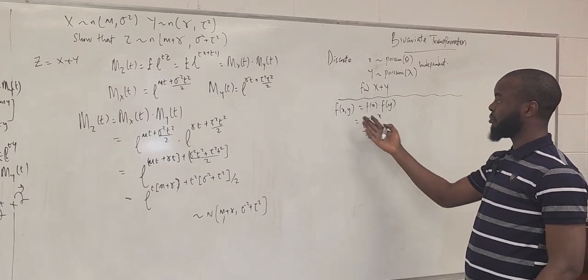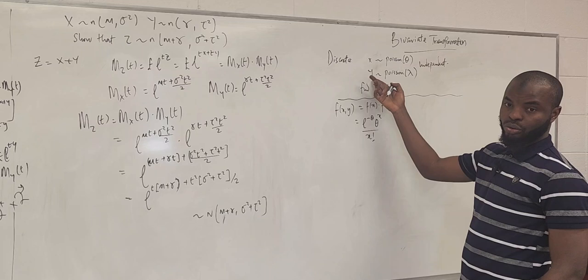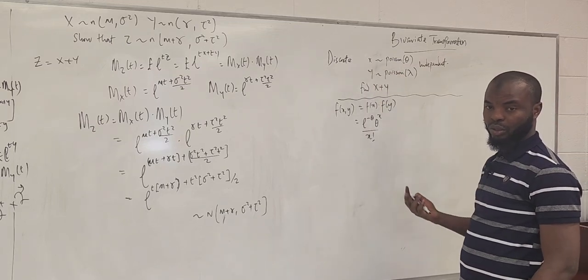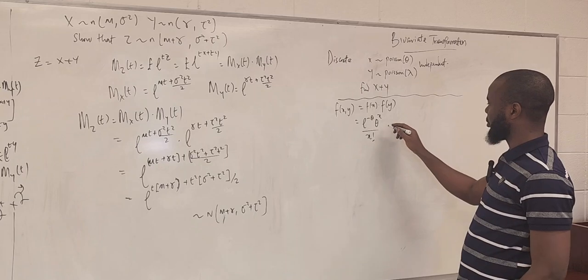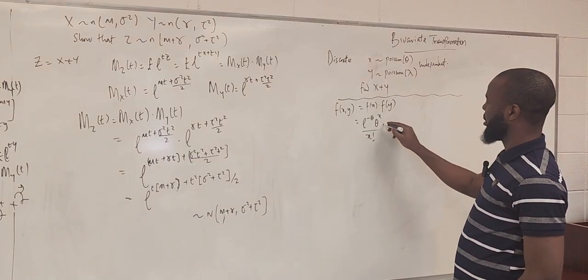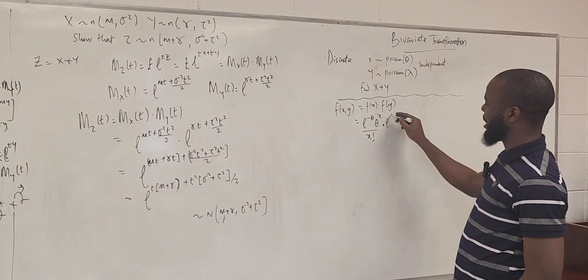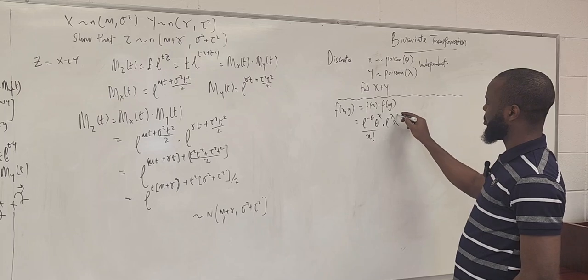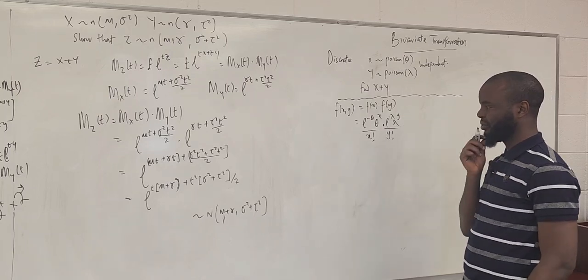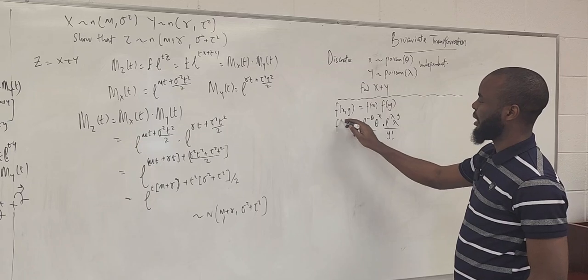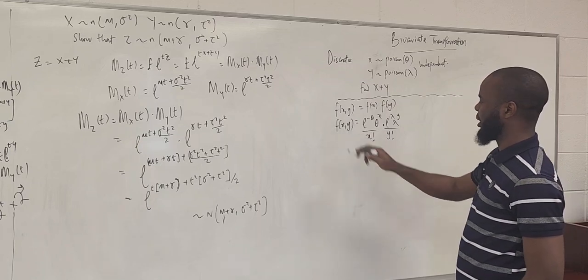You are given two separate distributions, so for you to multiply them together, they must be independent. That's the first condition. Now, multiply by exponential minus lambda, lambda to the power of y over y factorial. This is f of x comma y.